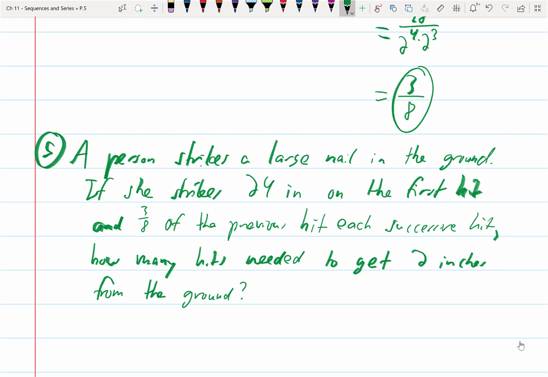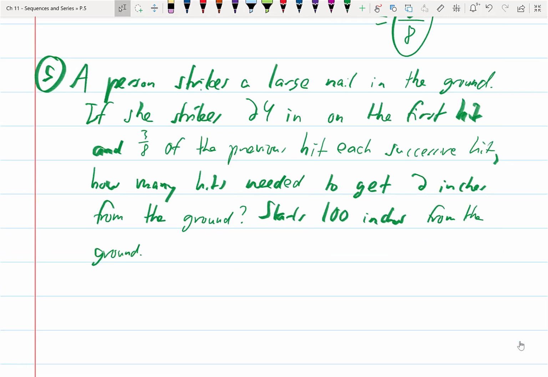Actually, I mean, she's trying to get 2 inches from the ground. She has to be on top of the nail, throwing a hammer at the nail. Wouldn't that hit her toes? No, that's a very good question. We'll say that it starts 100 inches from the ground.